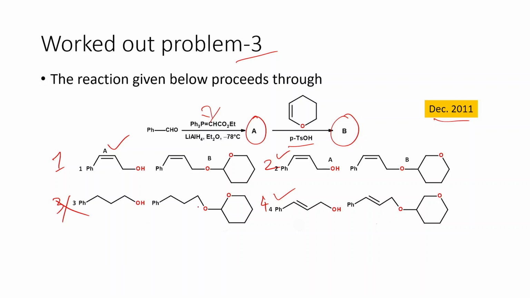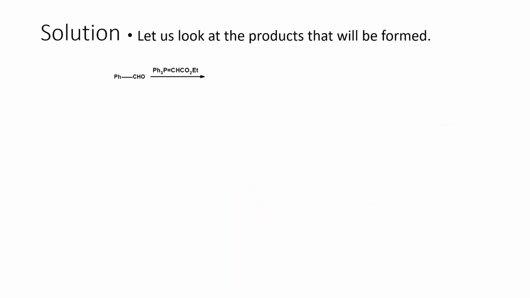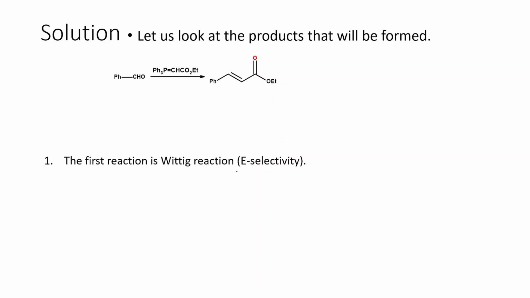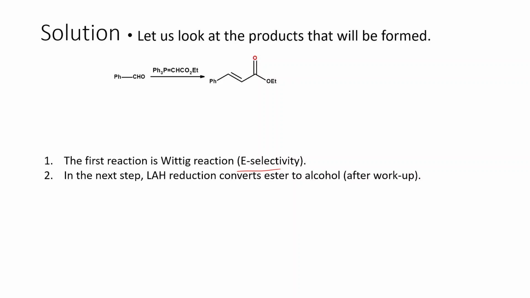If you look at 1, 2 and 4, the oxygen groups are a little bit far away in 2 and 4. In 1, the oxygens are on adjacent carbons. So we have to see which is the right product. The first reaction is the Wittig reaction, which leads with E selectivity, so we end up with the alpha beta unsaturated ester.